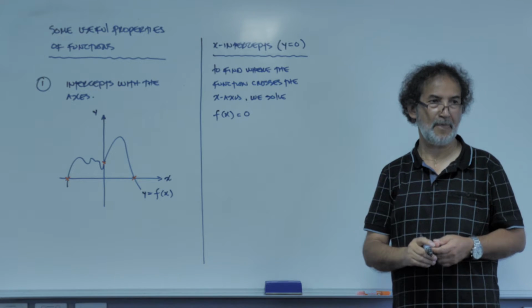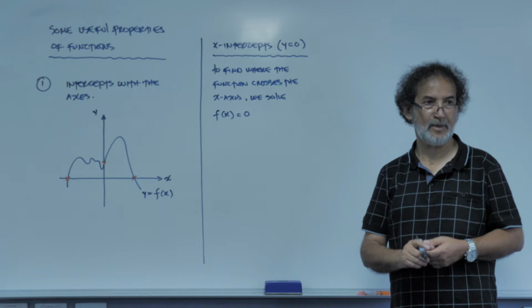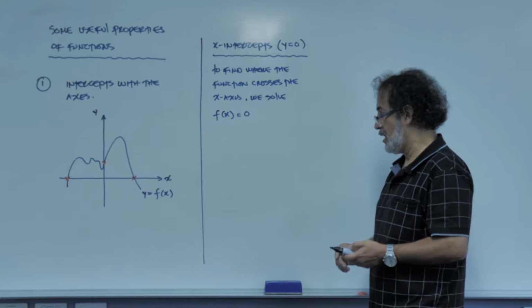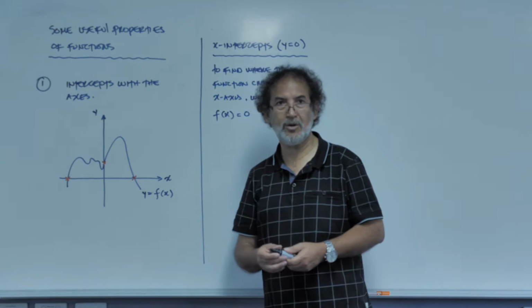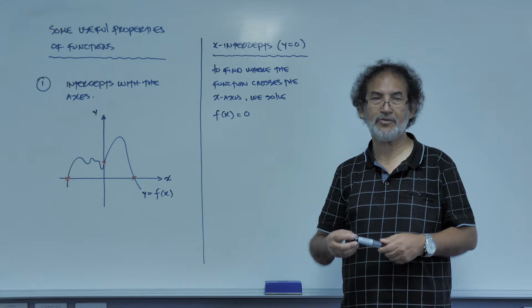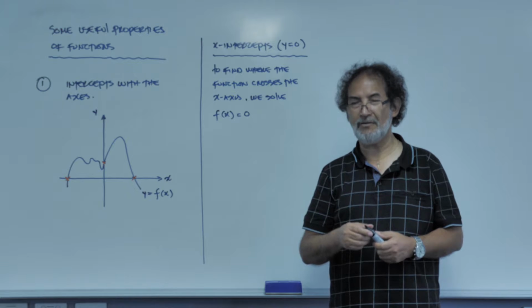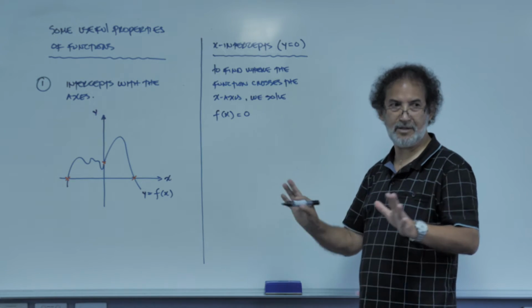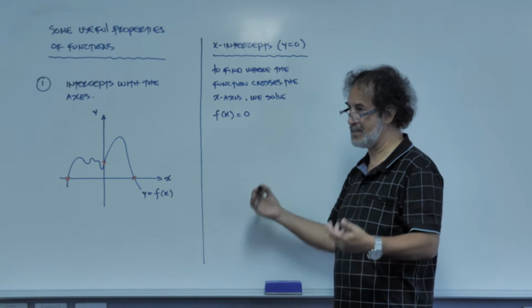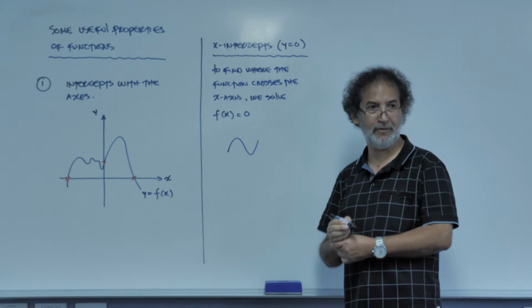Yes? What kind of equation would we have to get something as crazy as that? Well, later we're going to be doing something that we call trigonometric functions. Have you ever seen this curve?